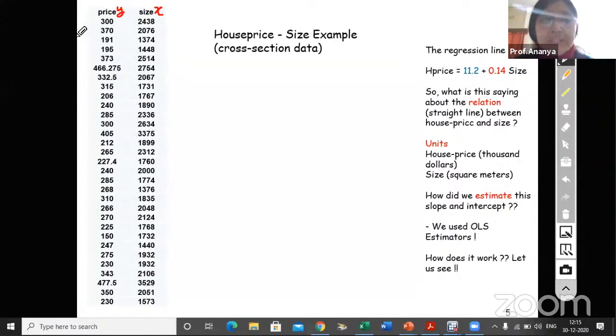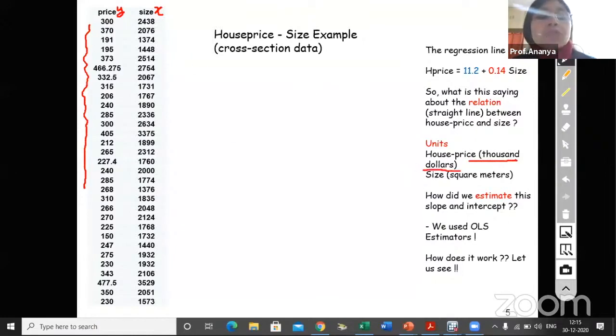Now this is a cross-section data set where price varies across the various observations, because I'm looking at different houses which have different sizes. So the first house is priced, so these are prices in $1,000. Okay, so the units of your variables are right here.